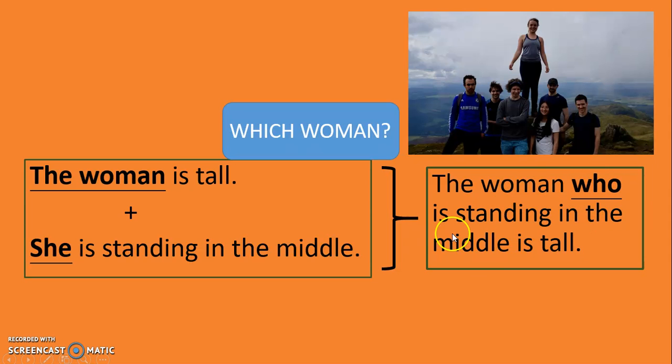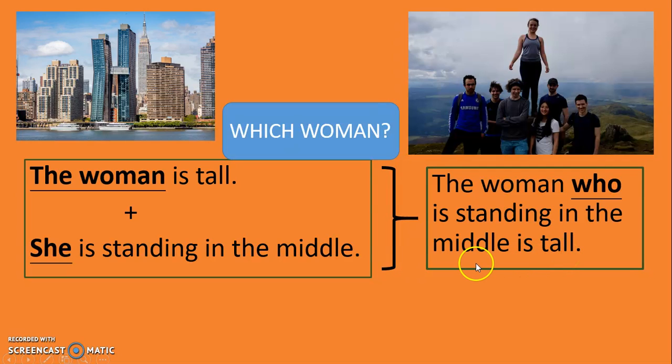Who is standing in the middle? This is the relative clause. As you can see, this thingy that I add gives information to which women I am talking about, right? Which women? Oh, the one who is standing in the middle. That is the new information. Here I use the relative pronoun who to talk about people.